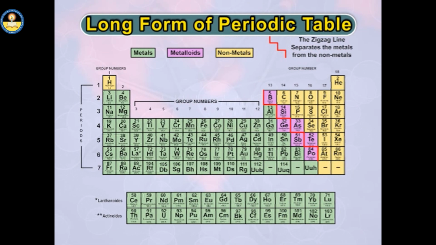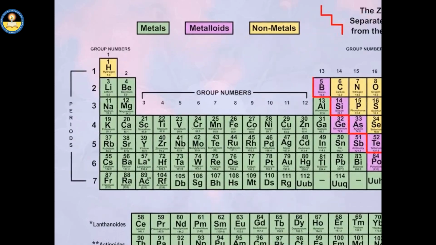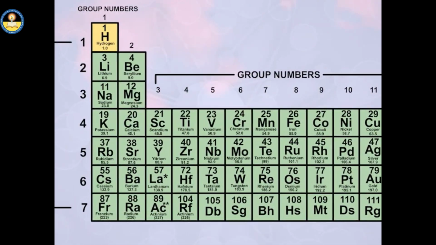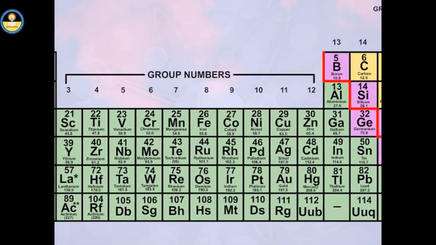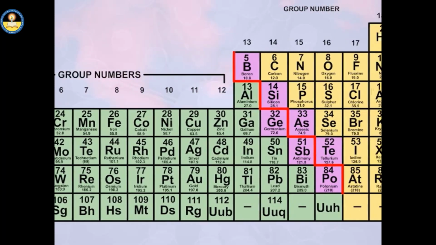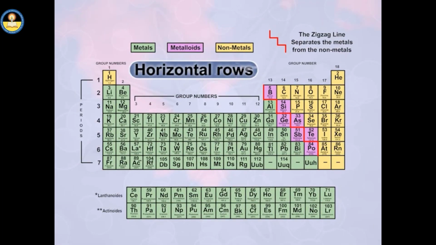Let us now learn about the long form of the periodic table, which is widely used nowadays. In this table, elements are placed in the increasing order of their atomic numbers. It consists of horizontal rows and vertical columns.